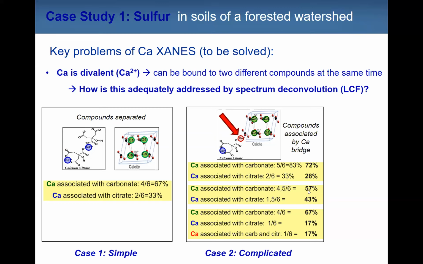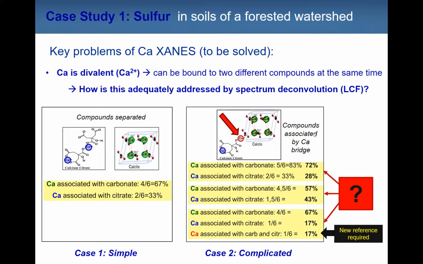And if you say, okay, this is entirely carbonate bound, this is entirely citrate bound, and this is half calcite and half citrate bound, and you try to develop a standard for a calcium which is bound by two different partners, and inject your standard in your LCF fitting, and you work correctly, then you would end up with this result.